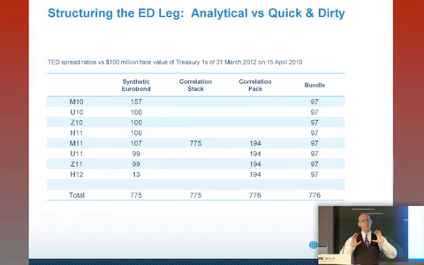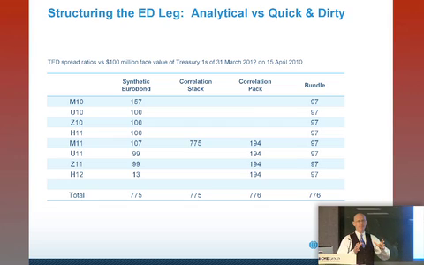Now, does that give you a TED spread that actually has some legitimate meaning as such? I mean, this is a real honest-to-God synthetic euro bond bumped up against a Treasury note with exactly the same cash flows. So this yield spread has a very, very clear interpretation.